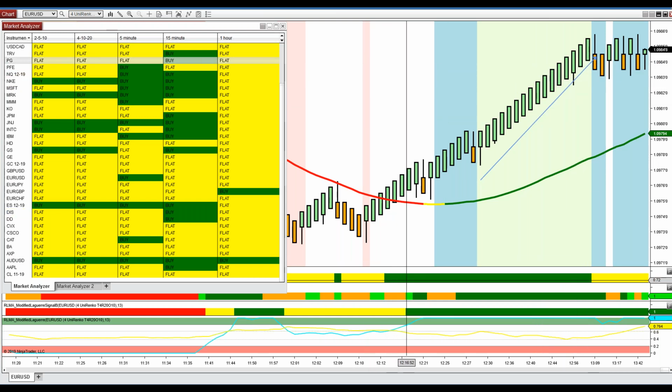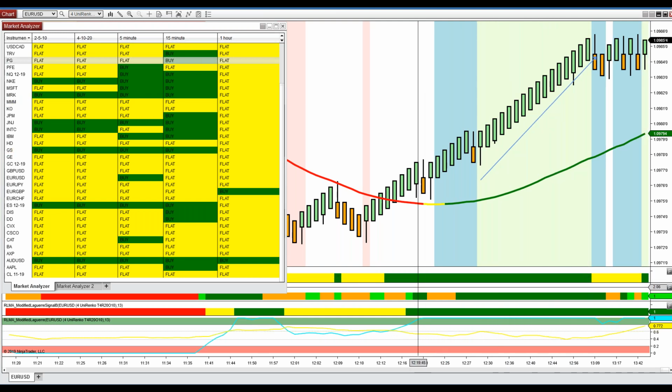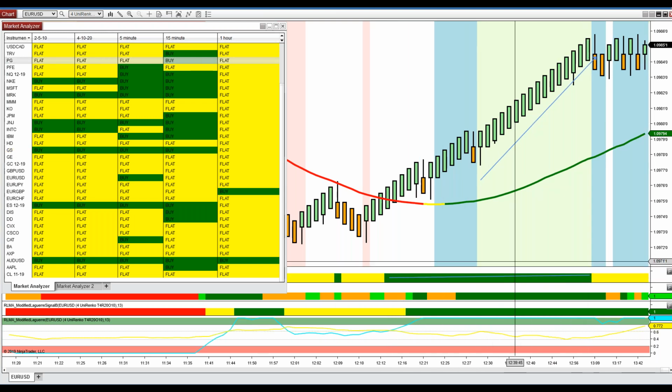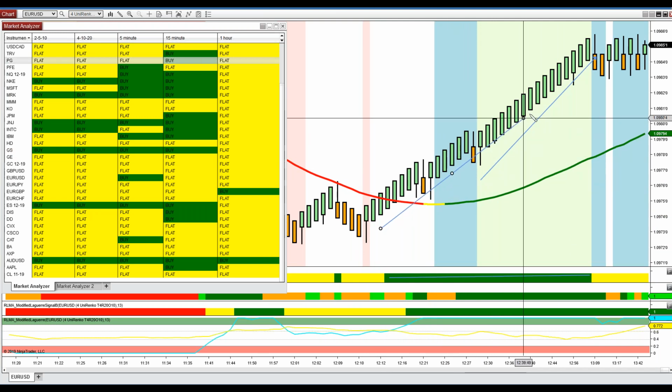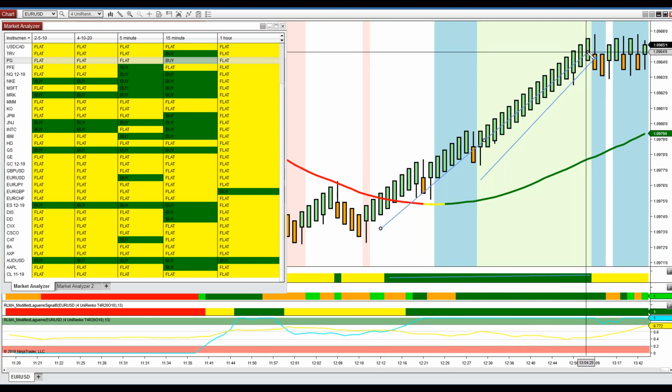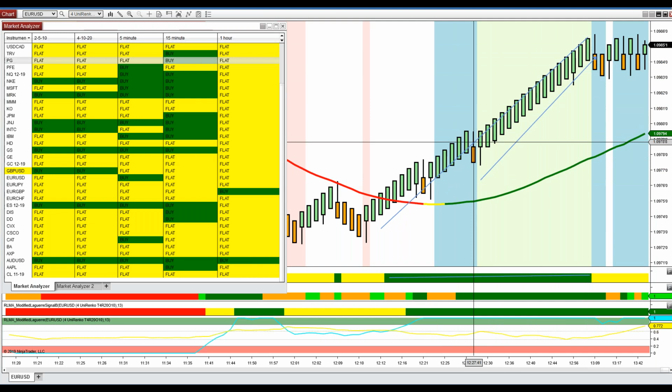And you see this whole green line here? This money flow indicator, as long as money was flowing into this instrument, it rose, and it is not looking at this market at all.